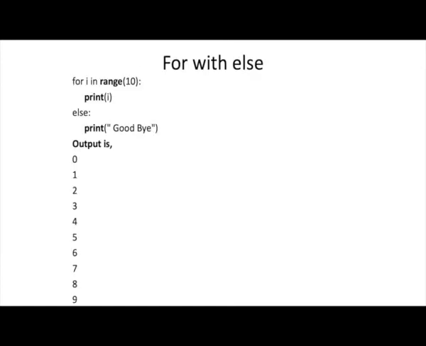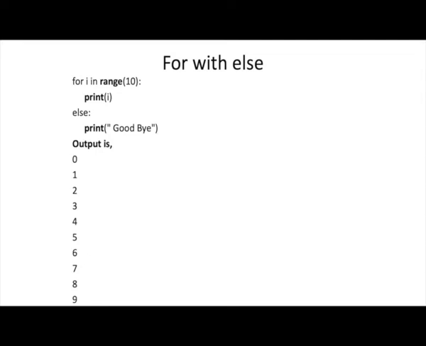If the else statement is used with the for loop, the else statement is executed when the loop has exhausted iterating the list. When the loop is exhausted, the block under the else statement is executed. For example, consider the code. Here you see that we have a for loop with a variable i in range 10, that means 0 to 9.